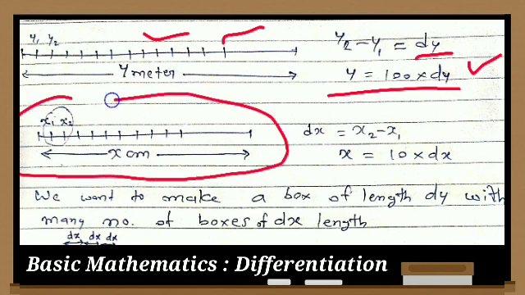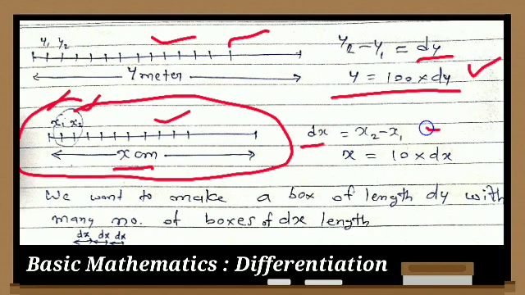Now let's take another scale, the centimeter scale. The length of this scale is x centimeter, and it is divided into 10 small divisions. There are two values same as the previous scale: the first value is x1 and the second value is x2. The difference dx is equal to x2 minus x1.